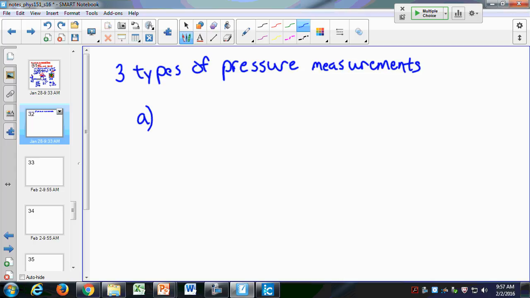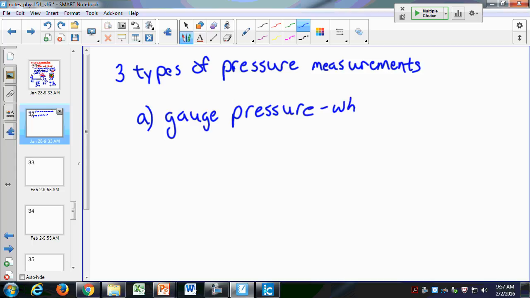The first is gauge pressure. When Marissa said the pressure inside the flat tire was zero, she was referring to the gauge pressure. If you look at the gauge on the tire, you would say it is zero. This is simply what the gauge reads.